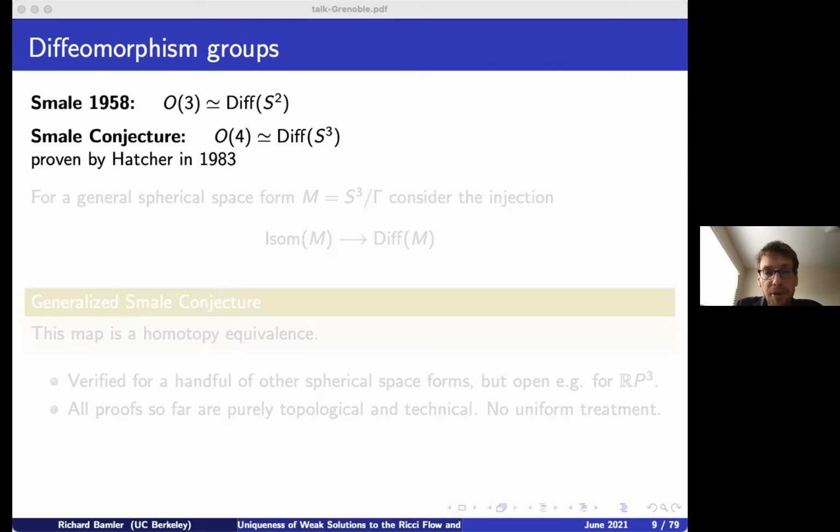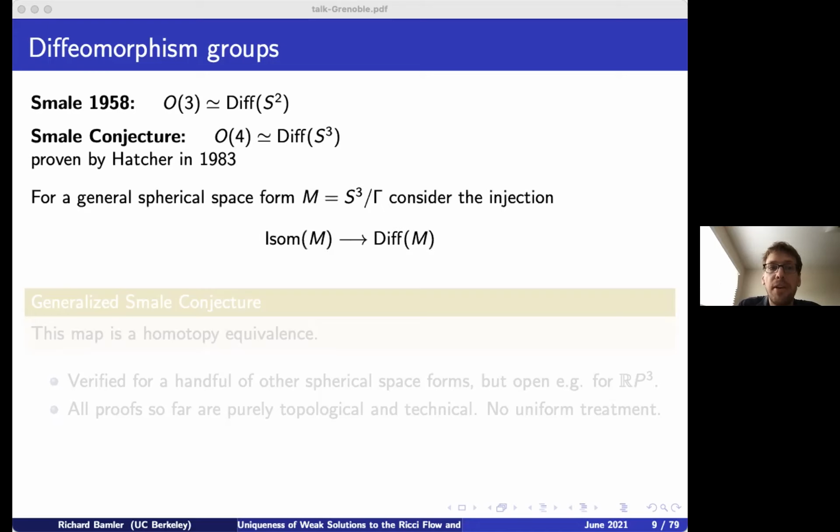And so in dimension 3, there are many more interesting manifolds, and one class of manifolds would be spherical space forms. Okay? So RP3 or lens spaces and things like that. And in order to classify their diffeomorphism groups, what we could do is look at the isometry group of this manifold equipped with the round metric, and look at the injection where we take any isometry and view it as a diffeomorphism of M. And essentially these two results say that this map is a homotopy equivalence.